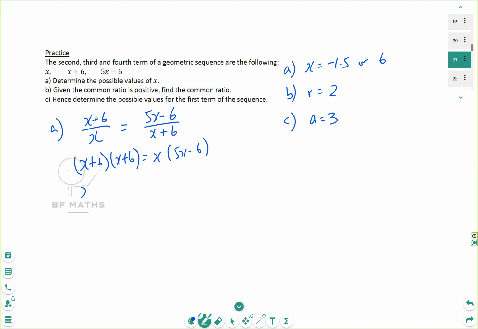Using a shortcut for expanding the double bracket: x squared, 2 times x times 6 is 12x, 6 squared is 36, equals 5x squared minus 6x. You rejuggle with all the quadratics, you get 4x squared minus 18x minus 36 equals 0. I don't care about simplifying. Just chuck it in the calculator and it gives you minus 3 over 2 or 6.